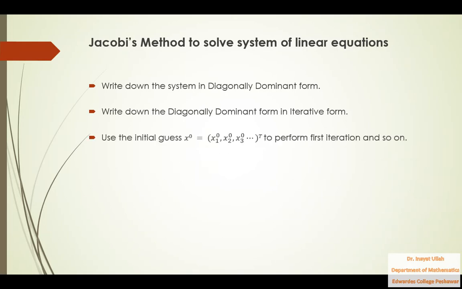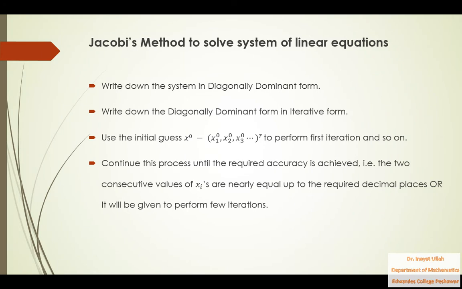Thirdly, an initial guess will be given to us to start from there to perform the first iteration. x1 naught, x2 naught, x3 naught, these will be given to us. And the fourth one is we will continue the process to get the required accuracy.